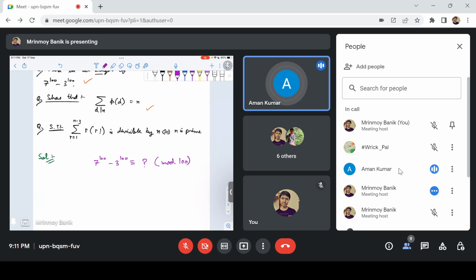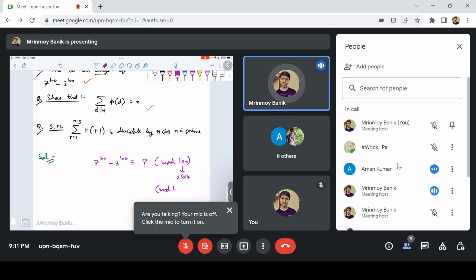So we can break this as 25 and 4, since 100 is 25 times 4. So we should check for mod 4 and mod 25 separately, right?